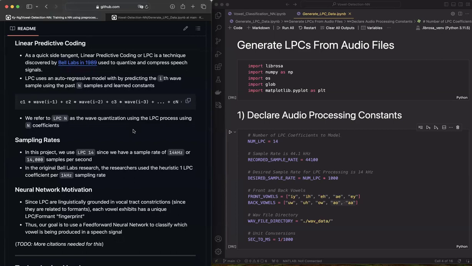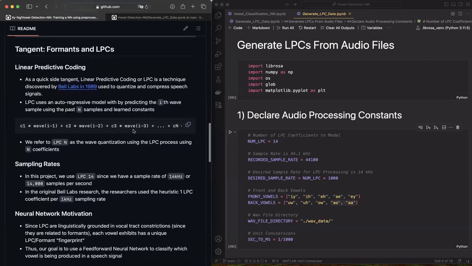But today, we've also figured out that LPCs have an inherent relationship to formants, or the fundamental frequencies that are created when your vocal tract constricts in a certain way to make a vowel. In other words, linear predictive coefficients are a way for us to quantize and figure out what a vowel is.